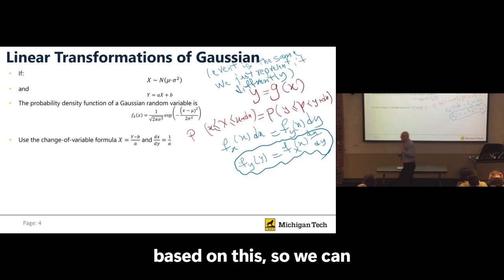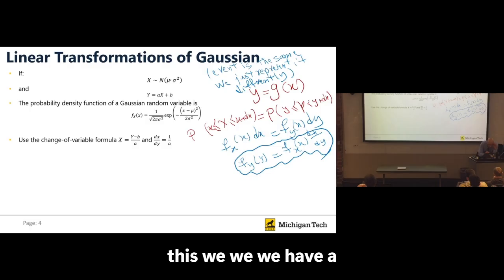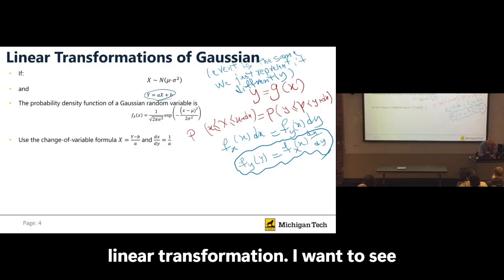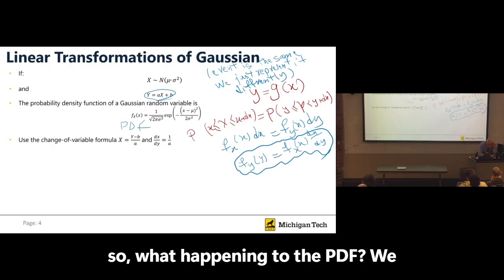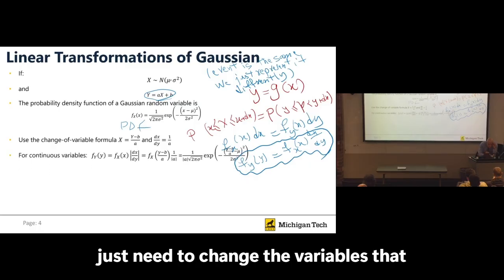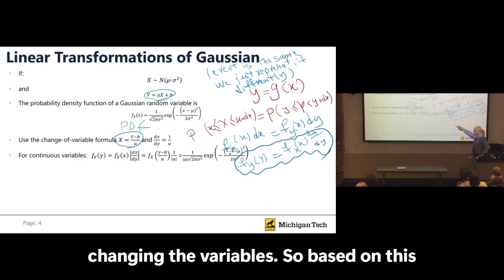So based on this, we can compute that. We have a linear transformation, and I want to see what's happening to the PDF. We just need to change the variables. We consider x is y minus b over a, and we find that by changing the variables.